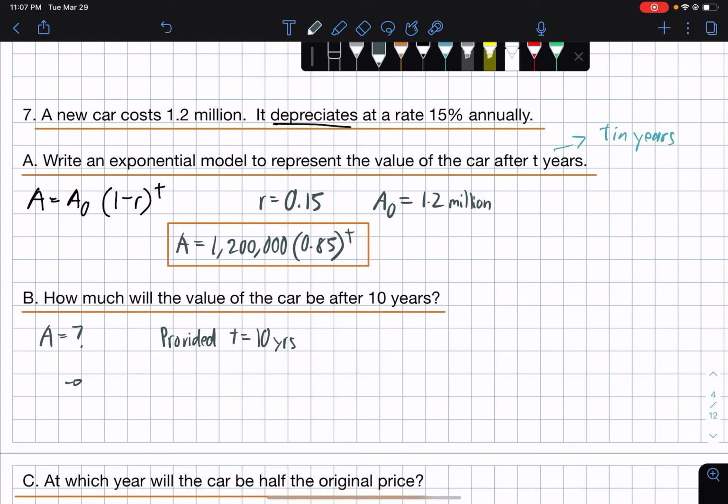So let's substitute the values in the equation. We don't know what A is. That's what we're trying to find. For the initial value, it's 1,200,000 times 0.85 raised to 10.